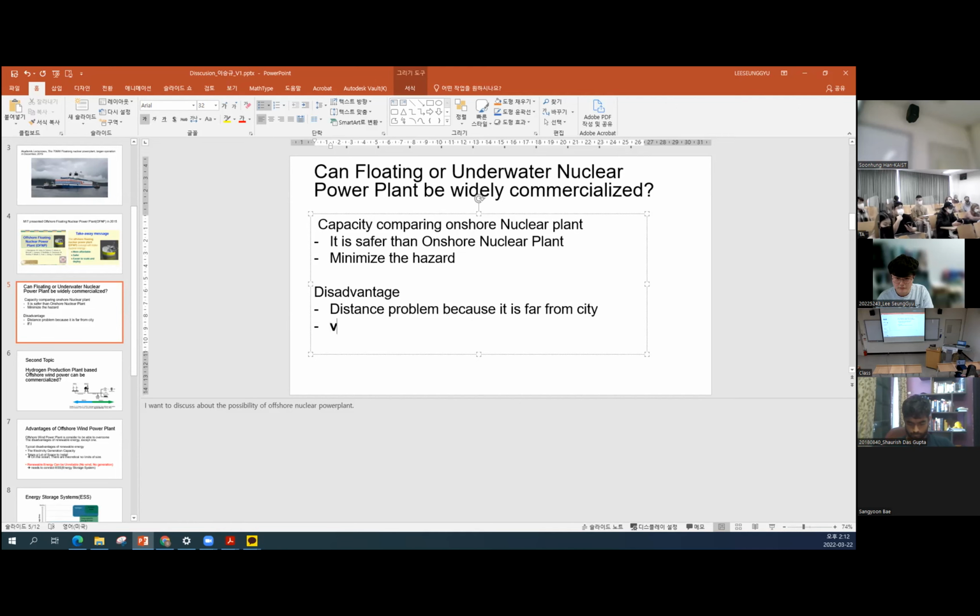You have to design vibration-safe plants. So you're saying it is unsafe because there are so many vibrations. So for example, the reactor can have a fatigue failure like that? Yes, such as that.